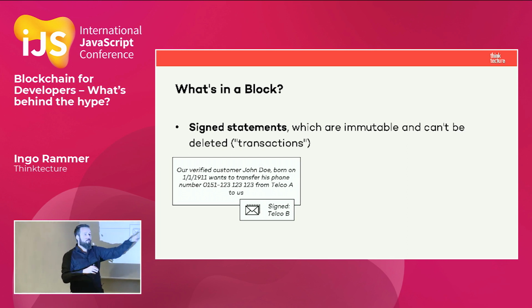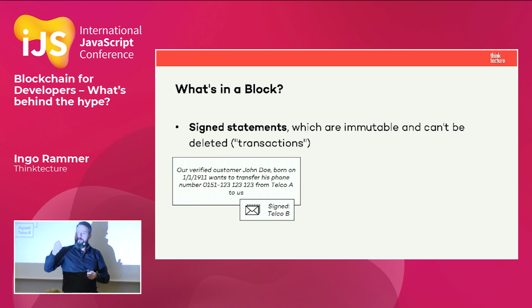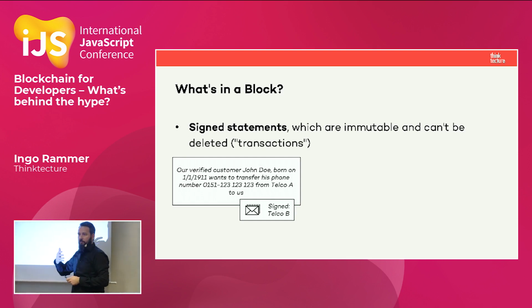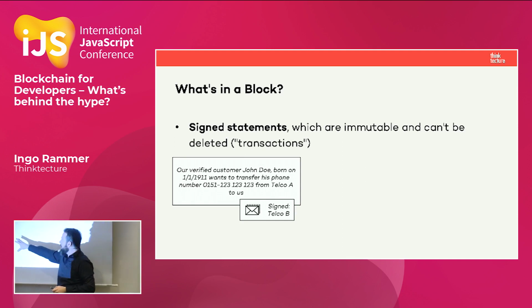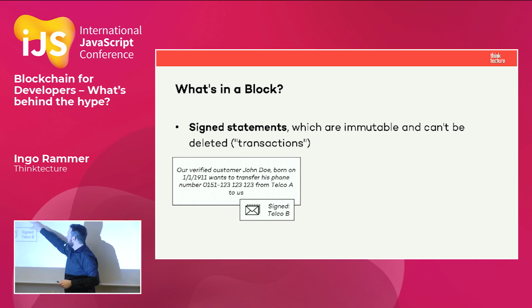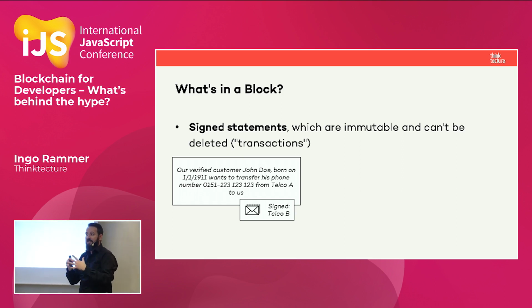And telco B, the receiver, will have an application running, a service process, which listens for events from the blockchain. And whenever they see an event like this, where they are the destination, they will trigger internal off-chain processing in their regular back-end systems, because those are not getting replaced. Right? T-Mobile is not going to change the whole business model to blockchain. They will only have an adapter to a blockchain, like a JMS adapter for a messaging system.